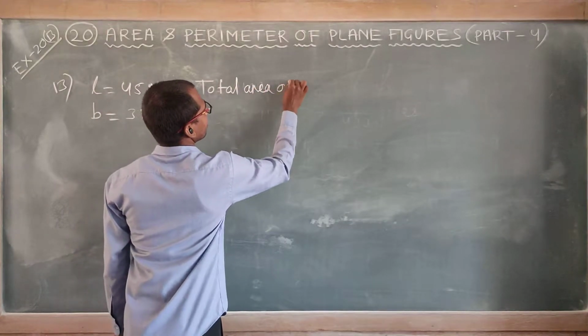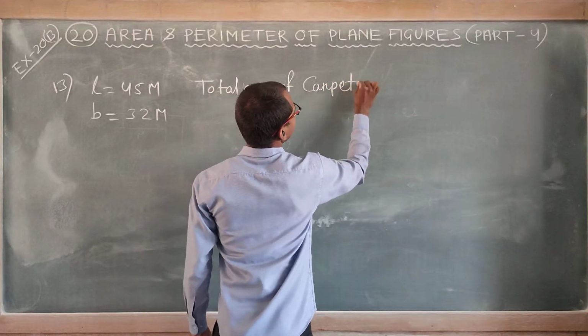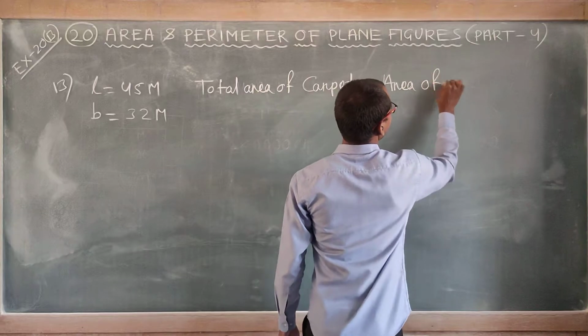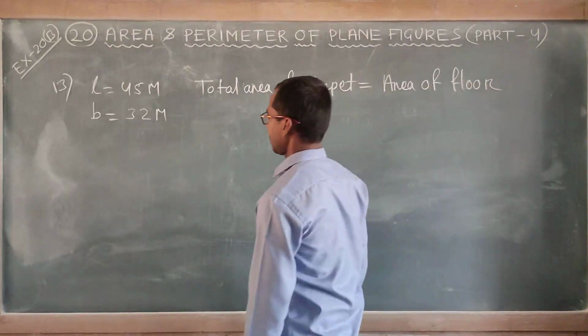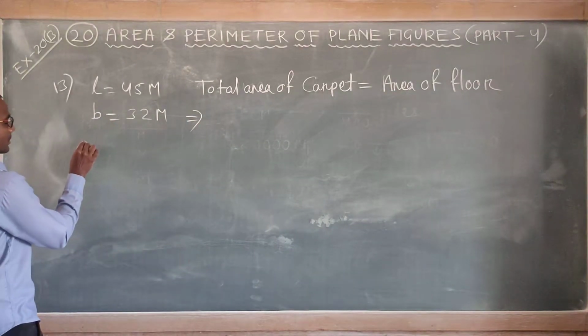Total area of carpet is equal to area of floor.